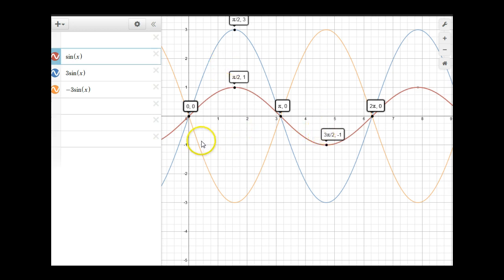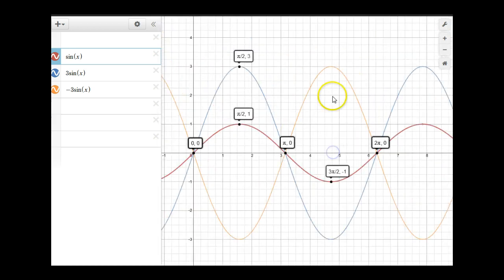And thinking about now the amplitude. So in the book it shows this picture and it shows the distance from, basically, I like to call this the midline. And I don't even think the book ever mentions the midline because everything is centered around the x-axis here. So the distance from here up to the very top up here is 3 units. And that's the maximum that this function 3 sine x and negative 3 sine x can get.